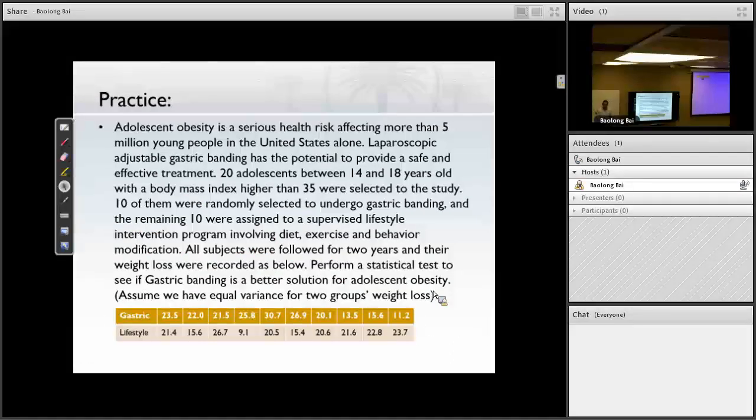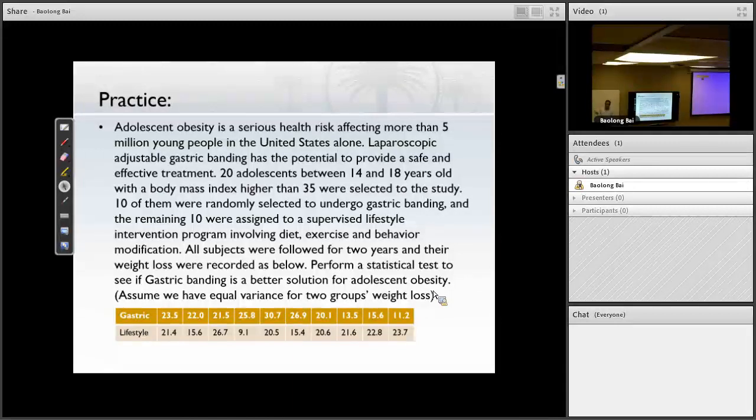Right, another example. Adolescent obesity is a serious health risk affecting more than 5 million young people in the United States alone. So there are procedures to help. One procedure is called laparoscopic adjustable gastric binding.